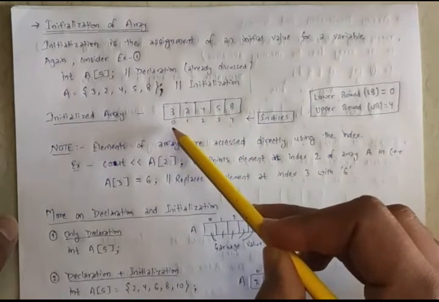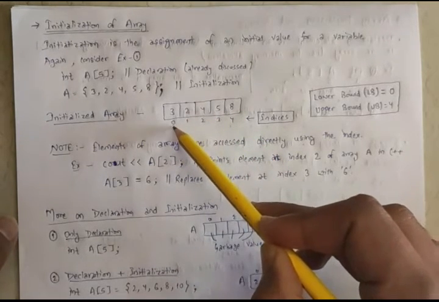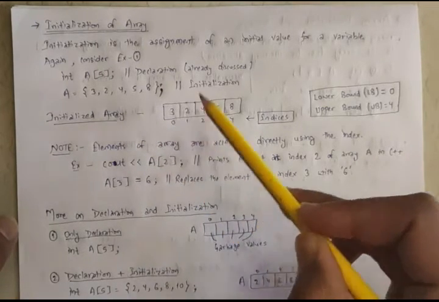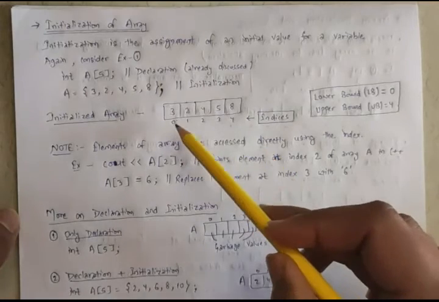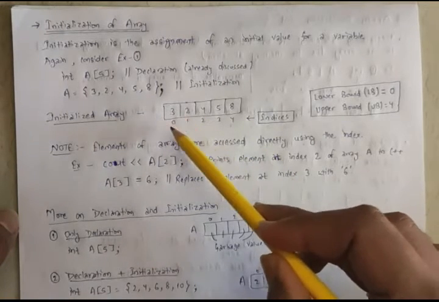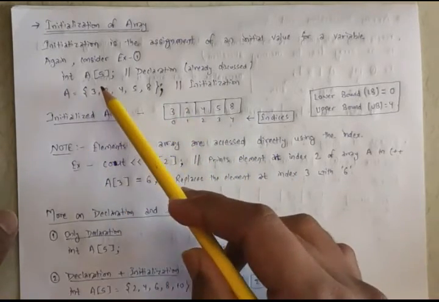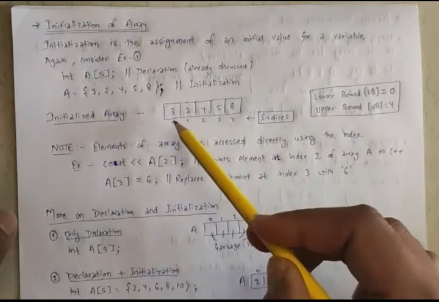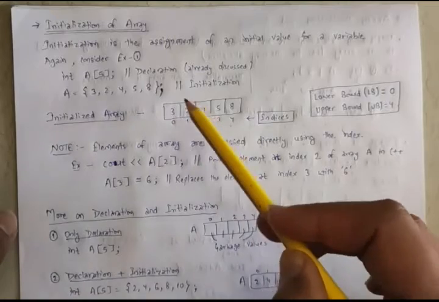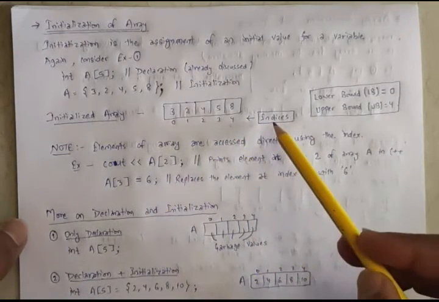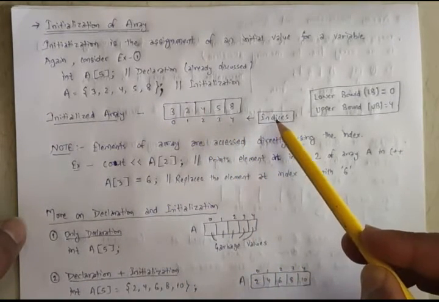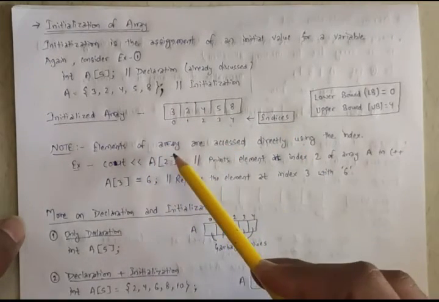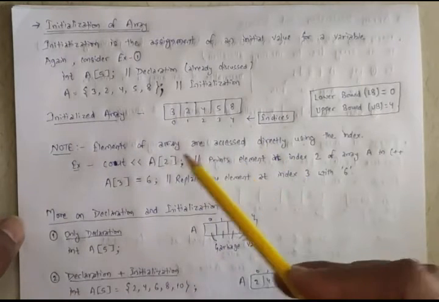In C or C++, the first index is 0 by convention. So when we declare or initialize the array, the first element is stored at index 0. With the help of these indices we can access the array directly.